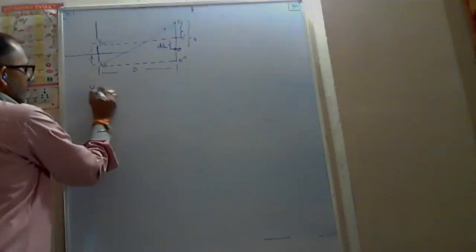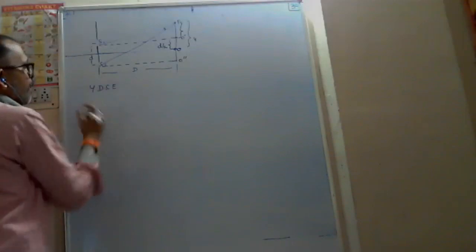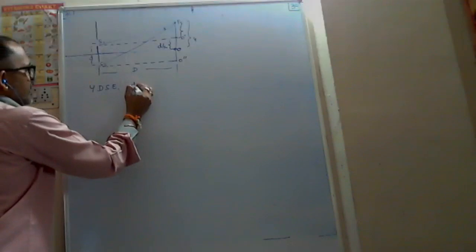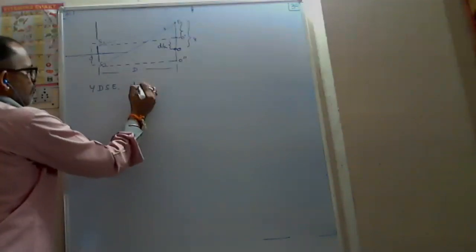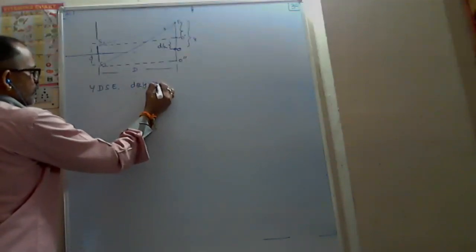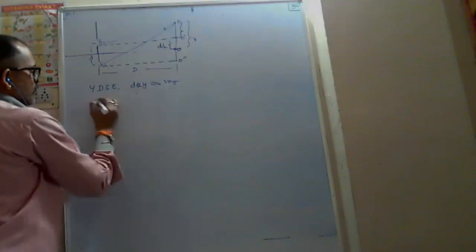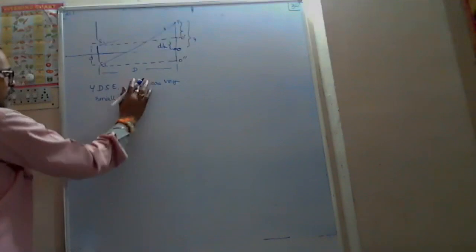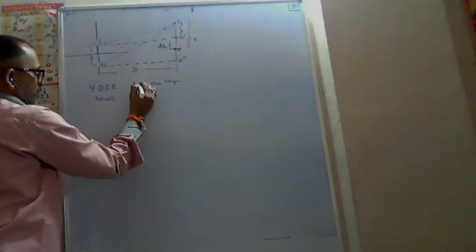All right. In this YDSE experiment, as usual, d and y are very small compared to capital D. Both the d value and y value are very small.